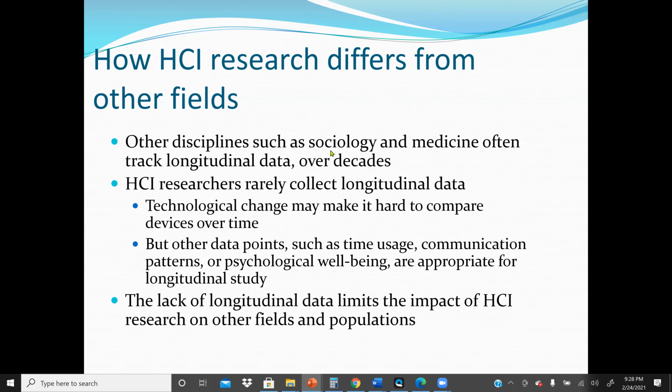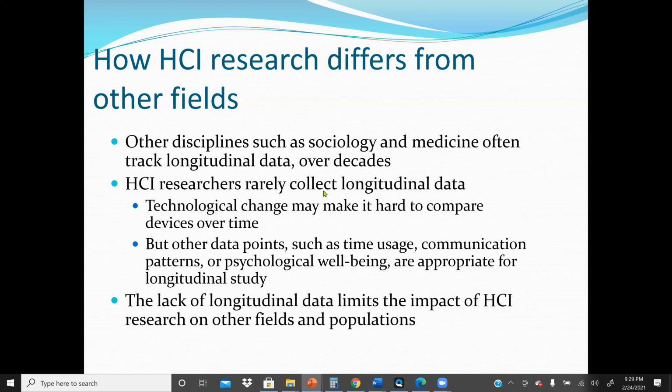Other disciplines such as sociology and medicine often track data based on a period of time, longitudinal data over decades. Then HCI researchers rarely collect data over a period of time. Technological change may make it hard to again compare devices over time, because again, HCI is an emerging and very dynamic field.